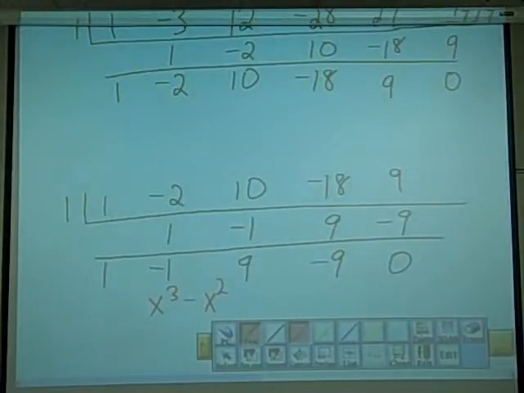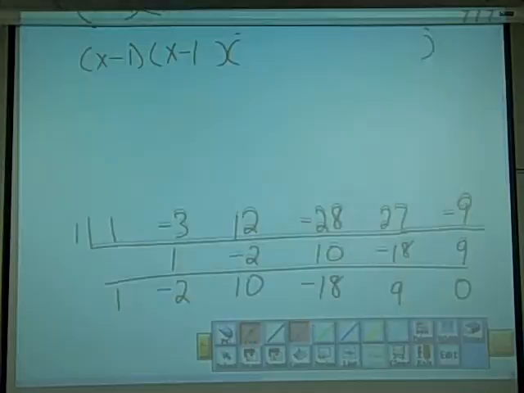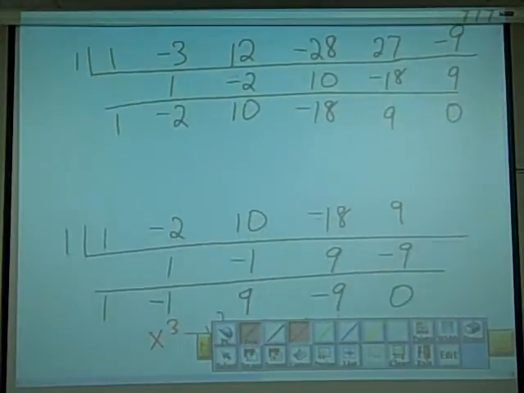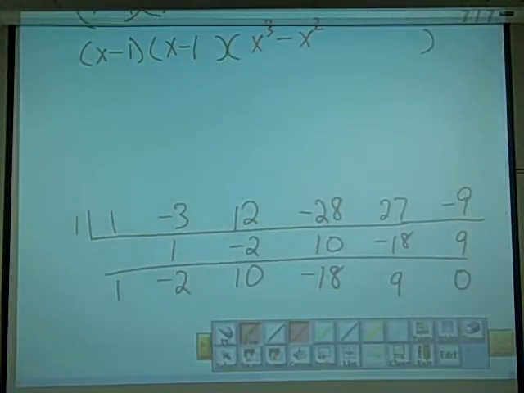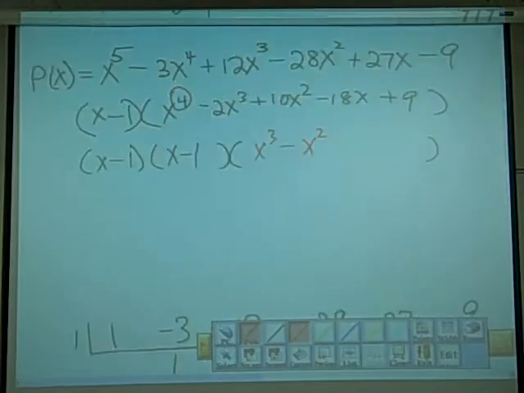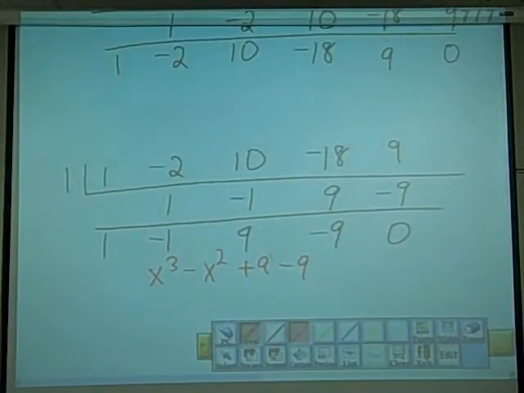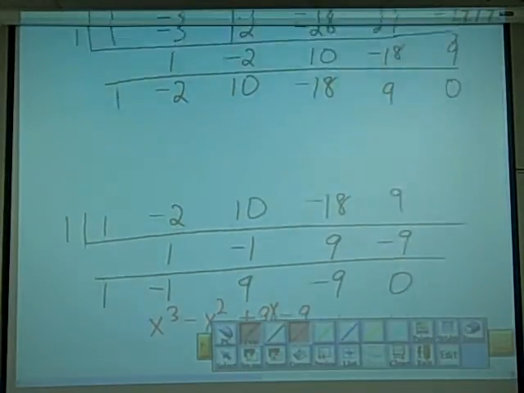Minus x squared plus 9x minus 9. Okay, so we have an x cubed minus x squared and a plus 9x and minus 9.